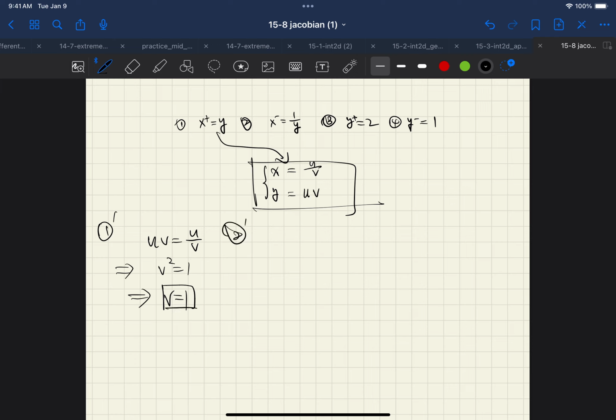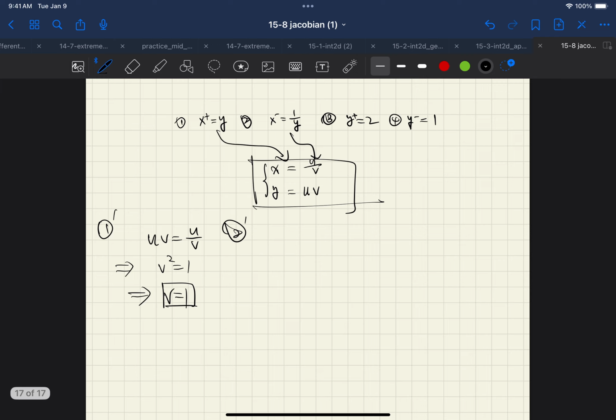Now, if curve 2 goes through the machine, it becomes a uv curve: xy equals 1, so u over v times uv equals 1. So v cancels, u squared equals 1, which means u equals 1.